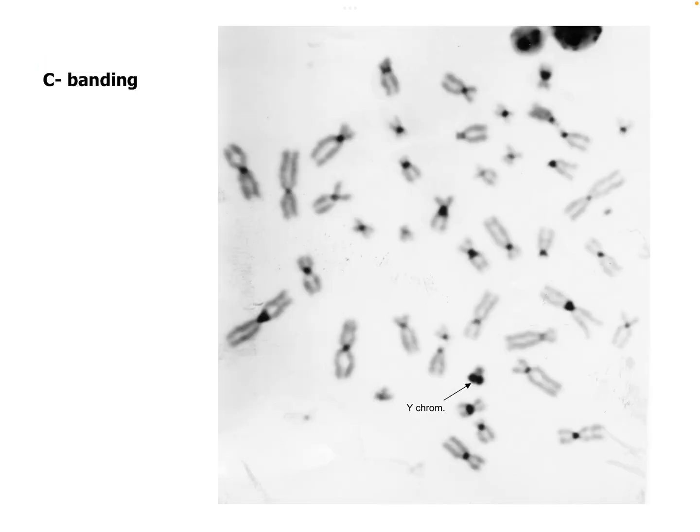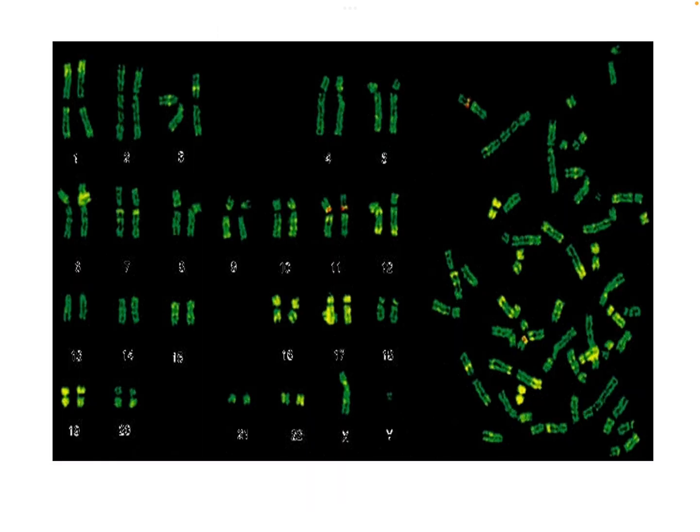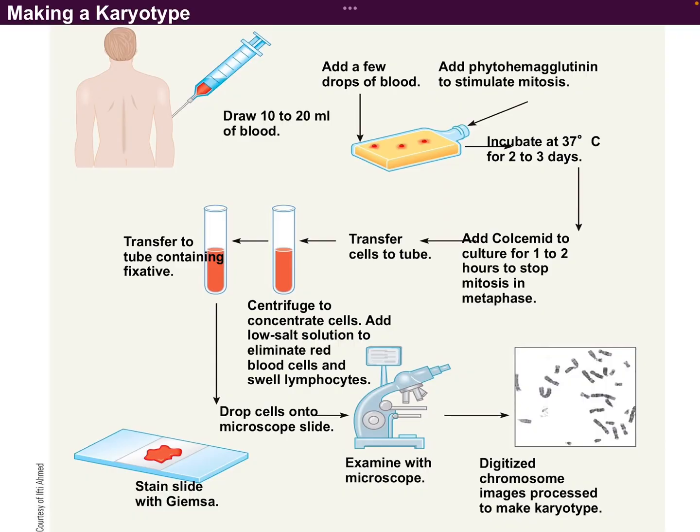And then the C banding is for the heterochromatic variants. And this is for the fluorescent staining. So how do we make a karyotype? If we use blood, we can draw blood, add a few drops, and then add phytohemagglutinin to stimulate mitosis and incubate at 37 degrees for 2 to 3 days.